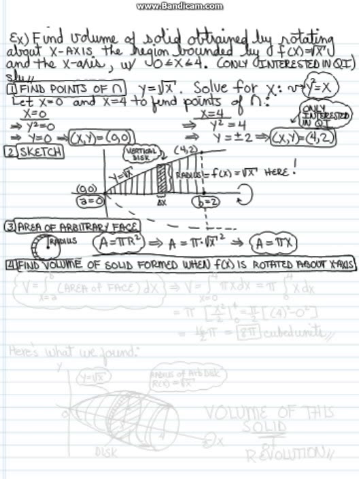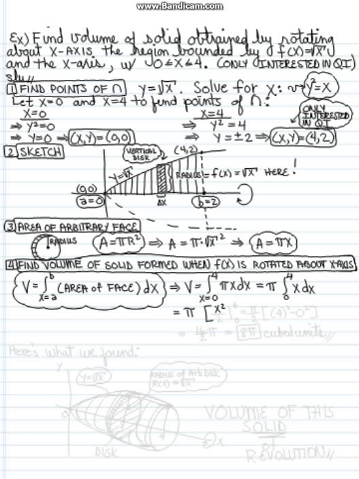The formula for this is V equals the integral from x equals a to x equals b of the area of the face dx. And that's going to give us a bunch of disks that we're going to stack together from a to b. So the volume is equal to the integral from x equals 0 to 4. See, the b value is 4, not 2. Of the area, pi times x, that we calculated in step 3, then the differential dx.